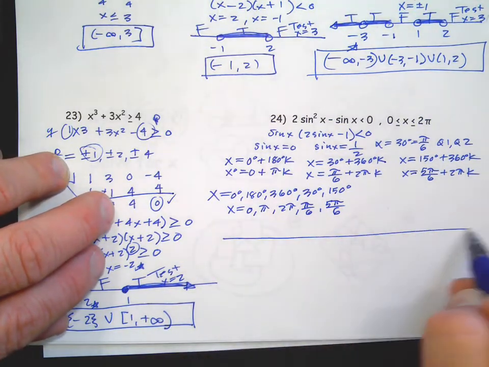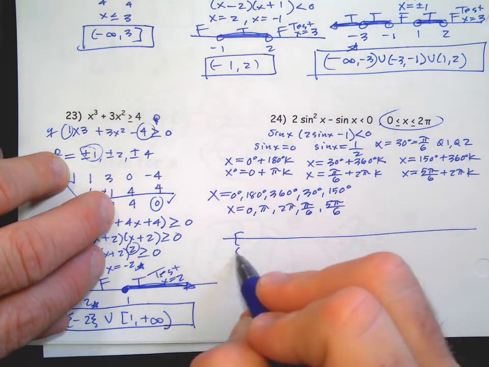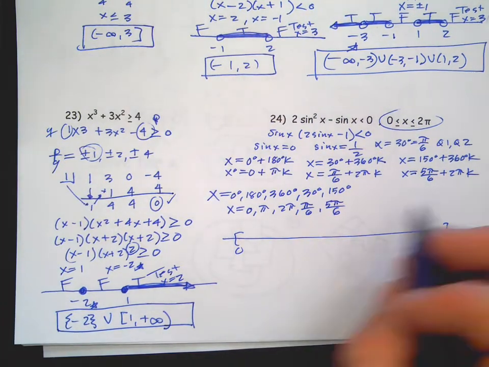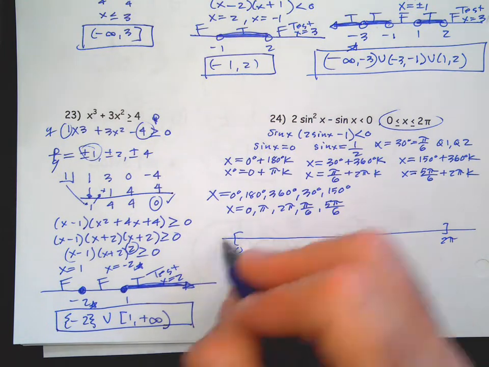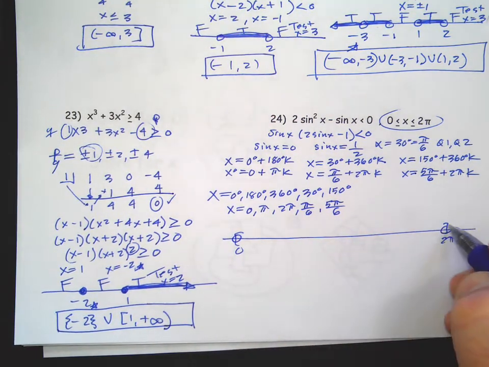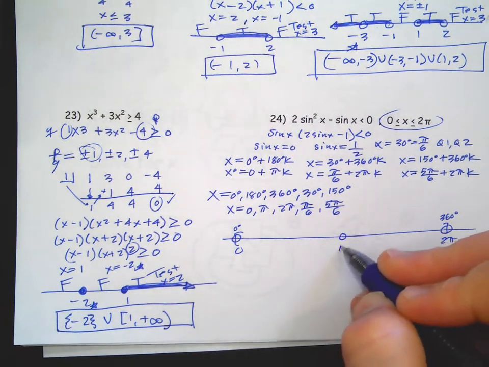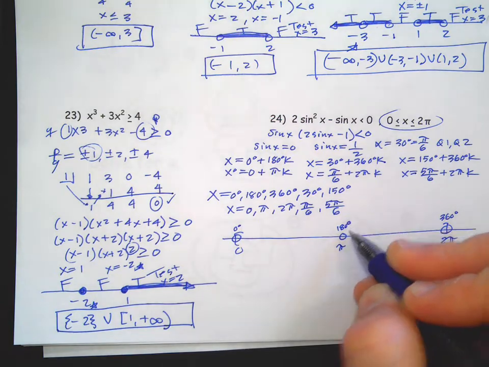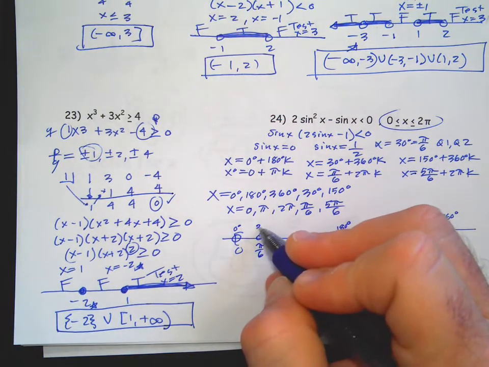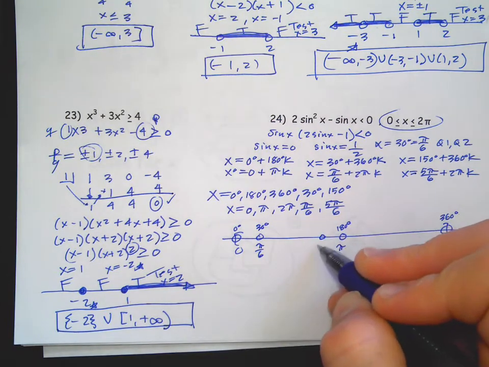So line check, look for values from 0 to pi. These are all open dots. 0, 360, or 0 degrees, 360 degrees, to pi, pi over 6, and 5 pi over 6.